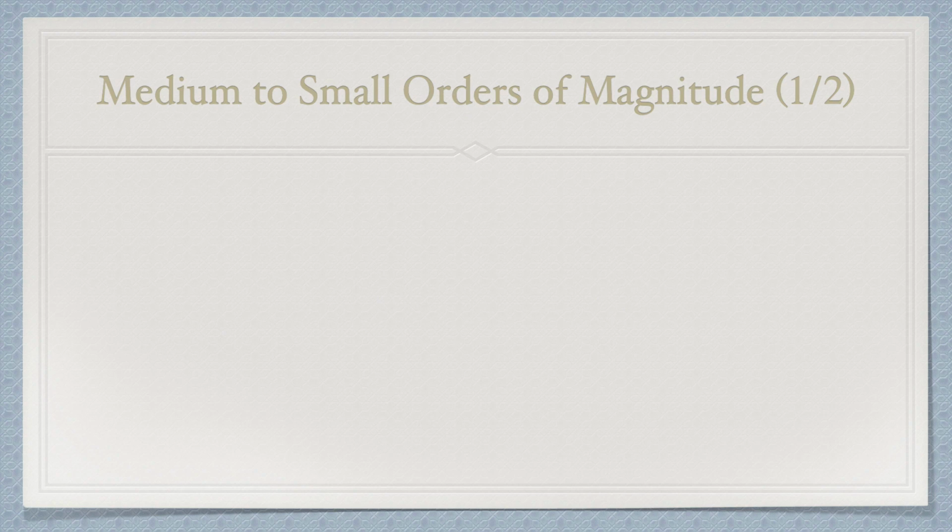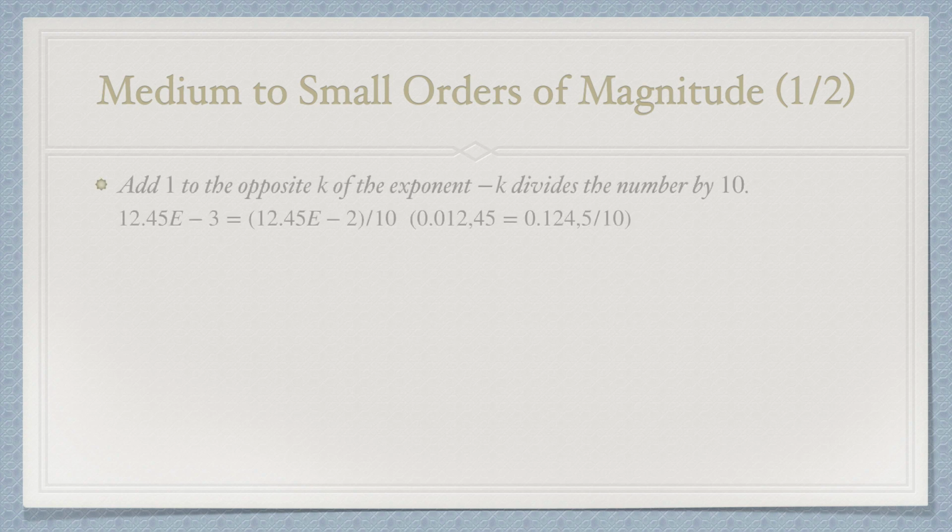And now with the negative powers of 10, we can go from medium down to small orders of magnitude. Add 1 to the opposite of the exponents minus k divides the number by 10. For instance, 12.45 e minus 3 is equal to 12.45 e minus 2 divided by 10.